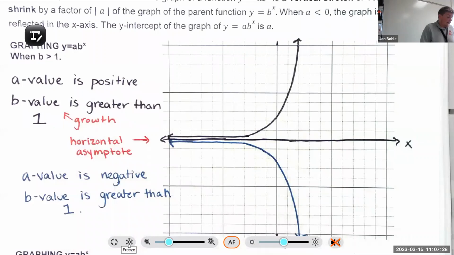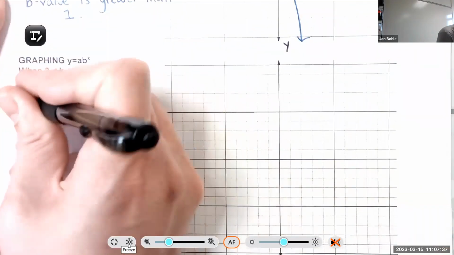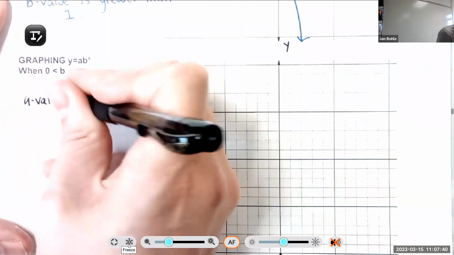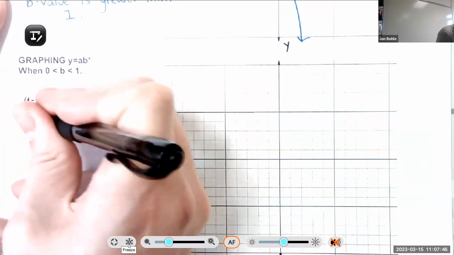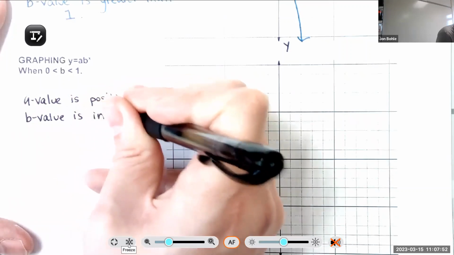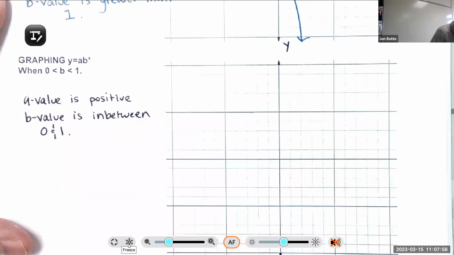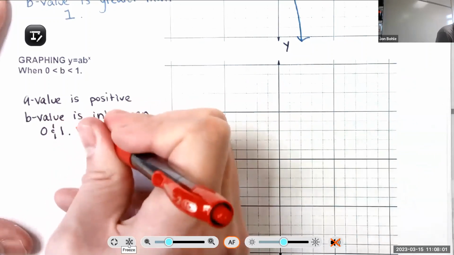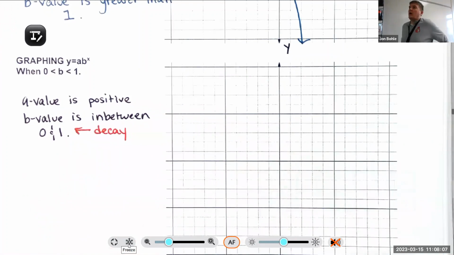Okay. All right. So we talked about when b is greater than 1. Let's talk about when b is in between 0 and 1. When your b value is in between 0 and 1, our function is no longer a growth function, but rather a decay function.